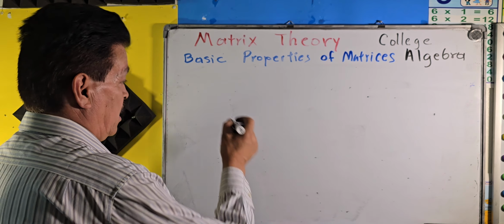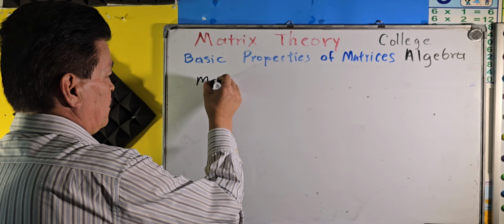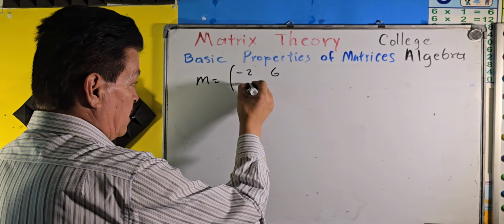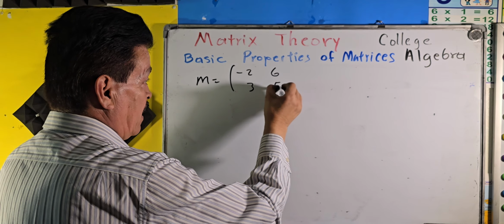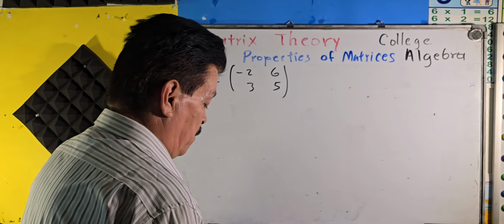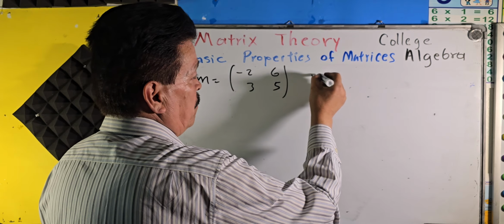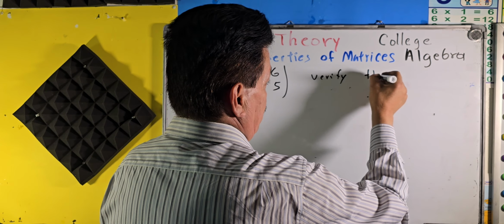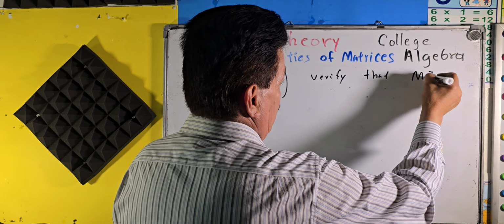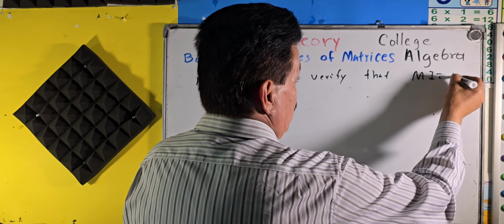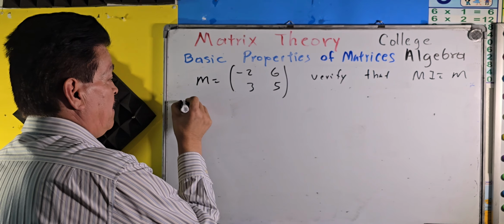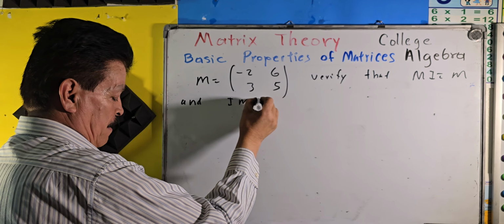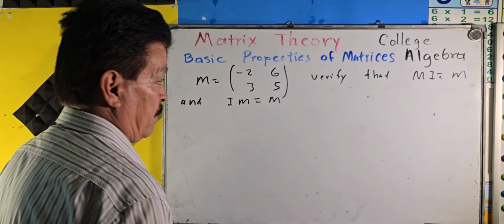So if we have M equals this matrix, -2, 6, and then 3 and 5, we have to verify that MI is equals M, and IM equals M. We have to verify this.